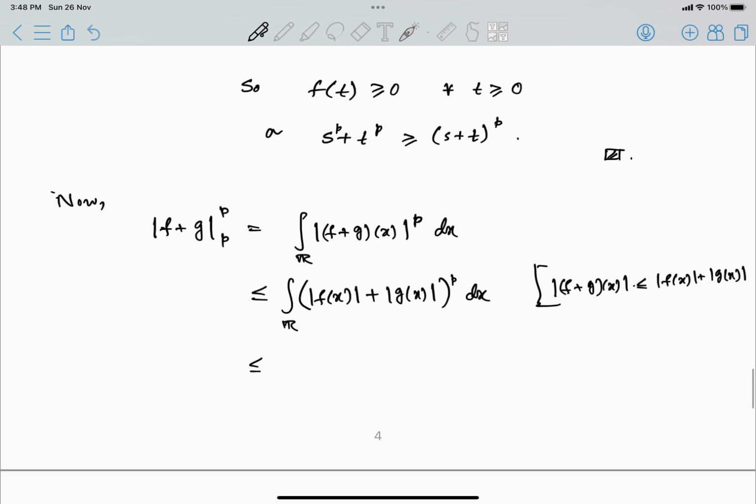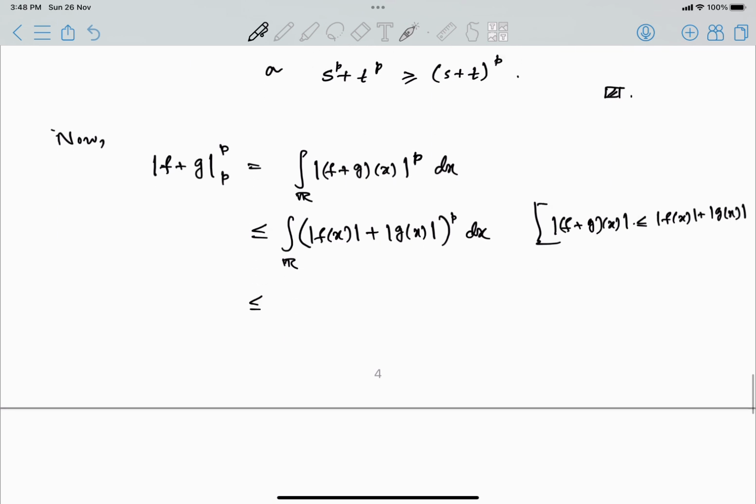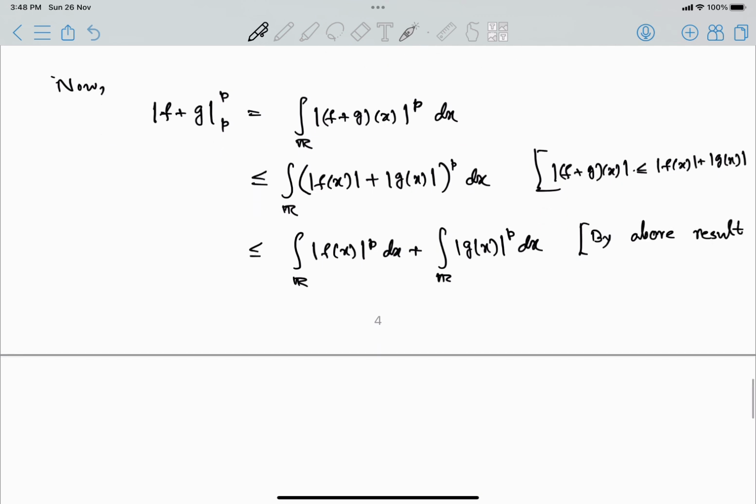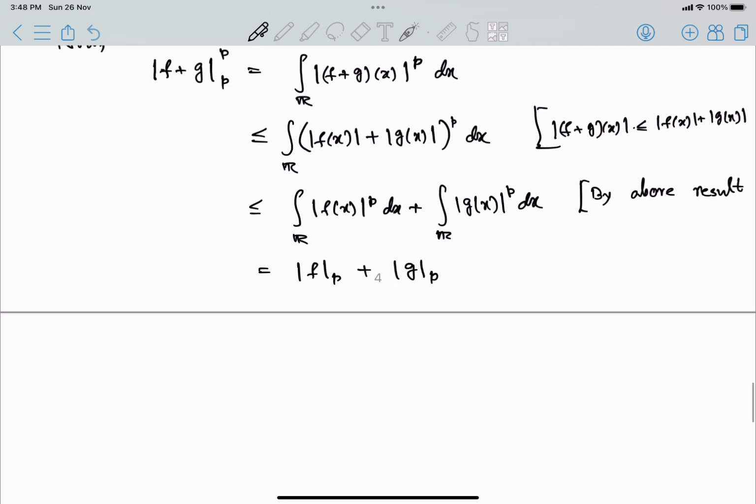And by the above result, where s is |f(x)| and t is |g(x)|, this will be less than the integral of |f(x)|^p dx plus the integral of |g(x)|^p dx, by the above result. So then this is ‖f‖_p^p plus ‖g‖_p^p.